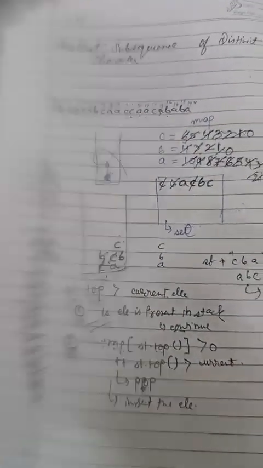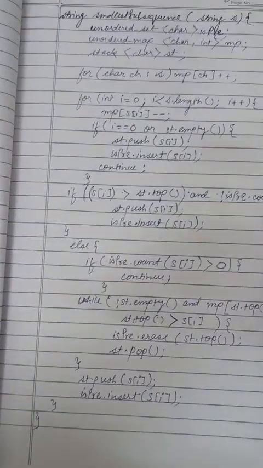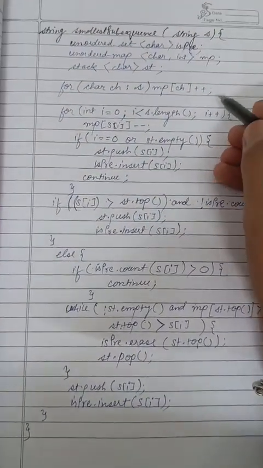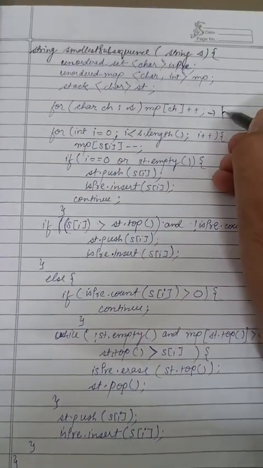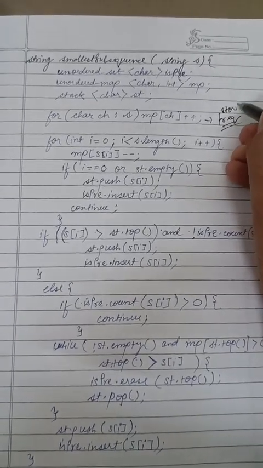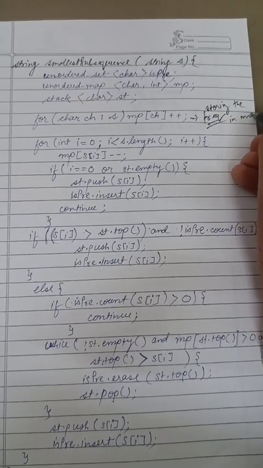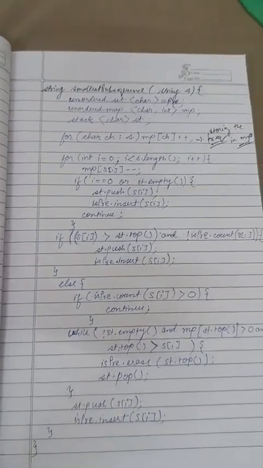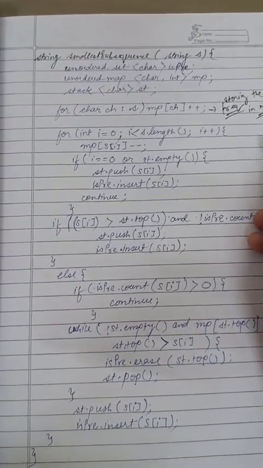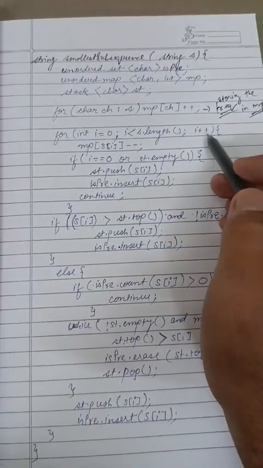Okay, now let's check out the code. Here I am storing the frequency in a map. Okay, this was the first step. Now I am iterating over the string.